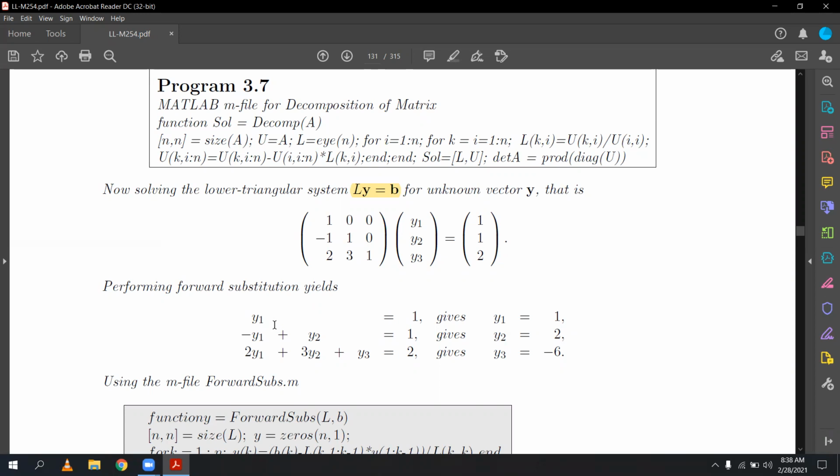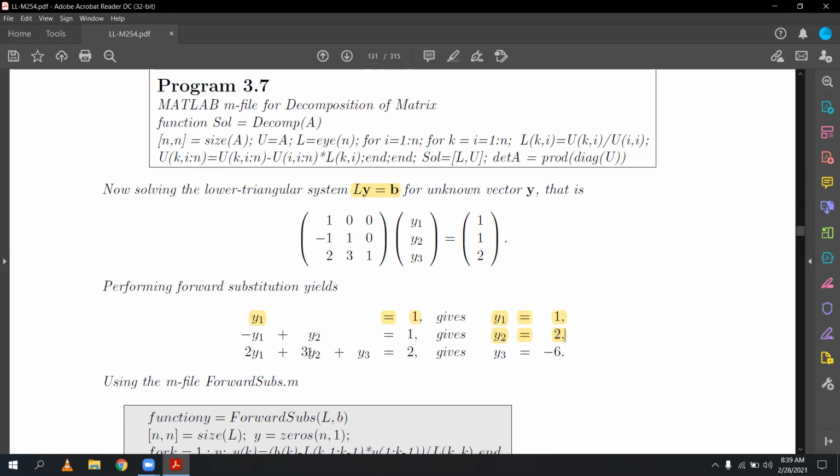Forward substitution means from top to bottom. What is Y1? Y1 is 1. You put Y1 here now, go on down, -1 you take to the other side, it becomes +1, so 2. Y2 equals what?